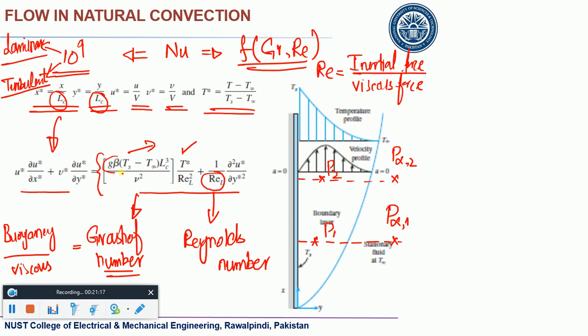This thing, g beta (Ts minus T infinity), is something related to buoyancy. So buoyancy over viscous forces, this is the physical interpretation of the Grashof number. It shows you some comparison of both of these quantities.